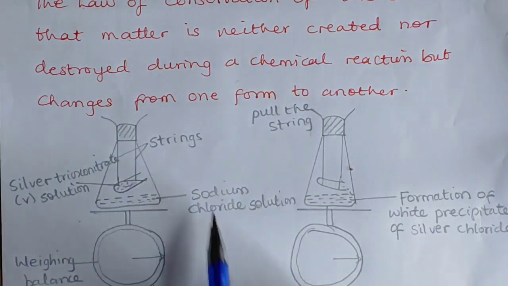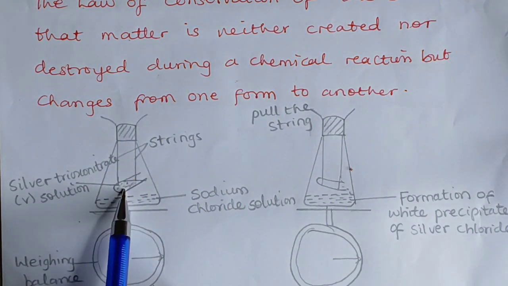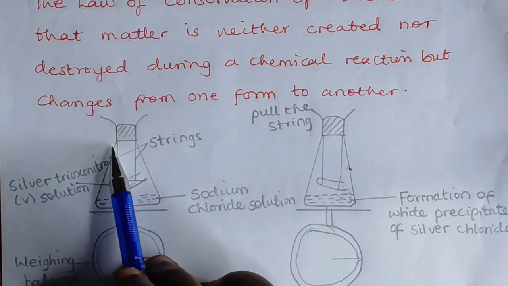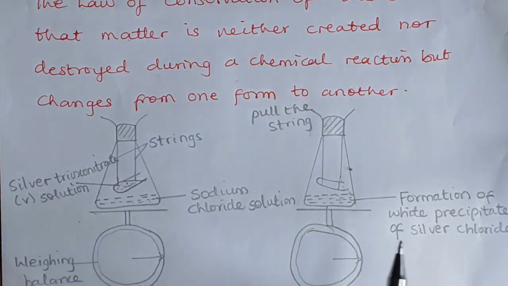Before the reactants react together, you can see that this is a string, like a rope, holding the test tube that contains silver trioxonitrate 5. And then inside the conical flask is a solution of sodium chloride. The 2 have not mixed together. Now the apparatus is intact, so the weight was taken before the experiment.